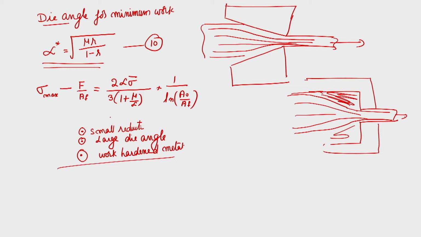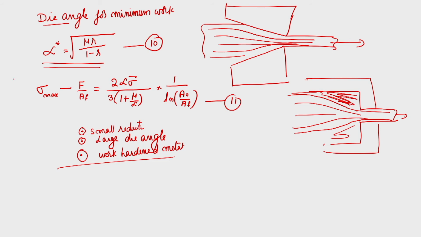So it depends upon all these three. So, this is equation number 11. This is the general expression for the minimum axial tensile stresses that come during the drawing operation.